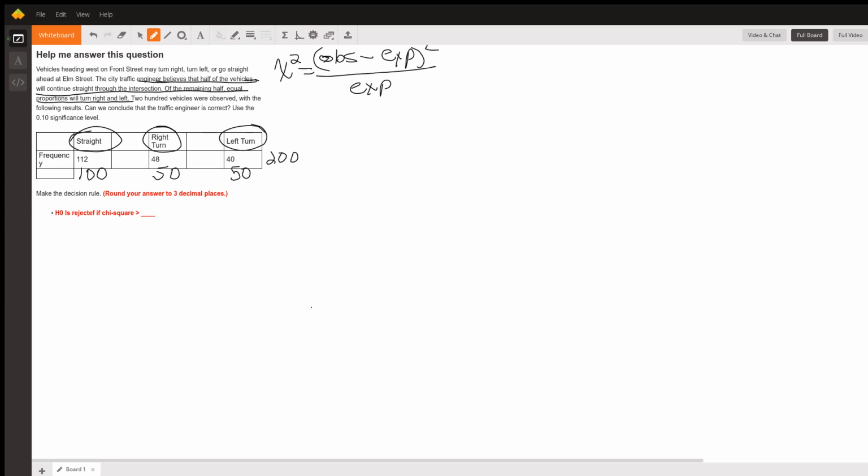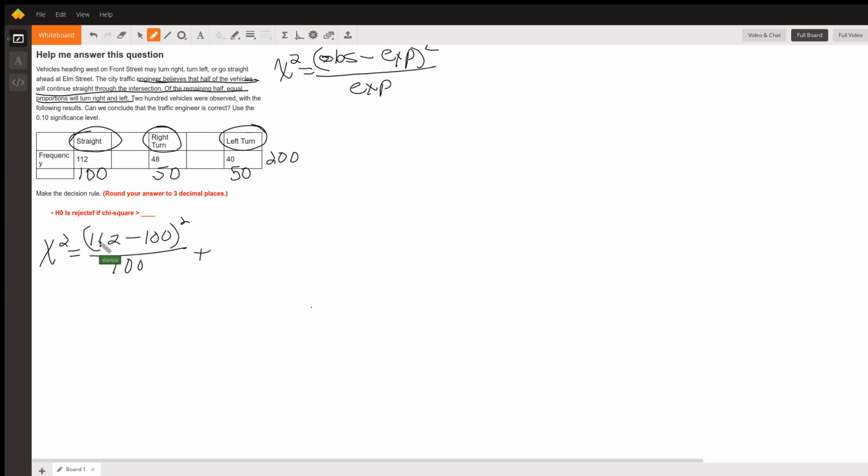So for straight, we had, I'm sorry, we had 112, my bad. This is what we observed. We expected 100. And so we've got 112 minus 100 squared over 100.